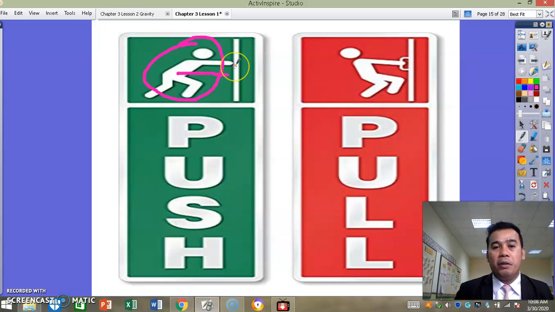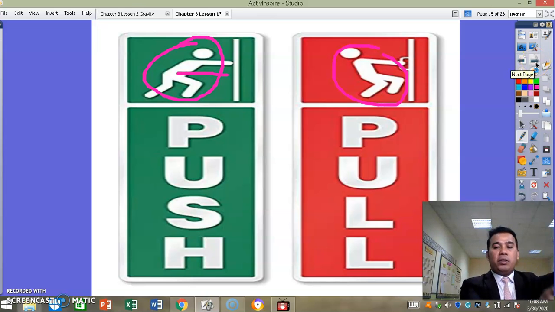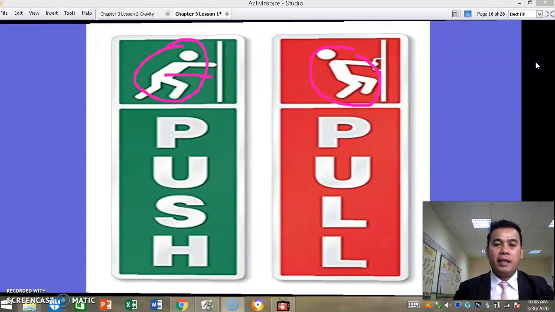I will push the door. And here, pulling the door to open it or to move the door towards me. Is it clear? Once again, when we push, we move the object far from us. When we pull, we take the object toward us.